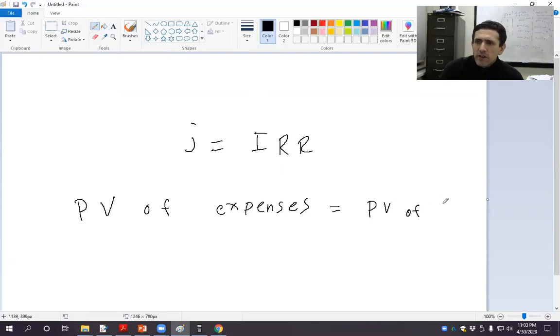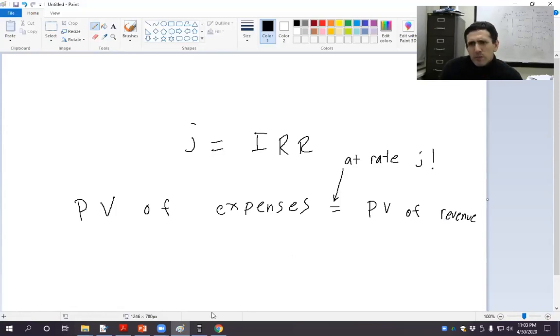Same thing as saying present value of expenses is present value of revenue. And of course, that's at your IRR, at rate J. It's not a factorial, it's just emphasizing it's at rate J.